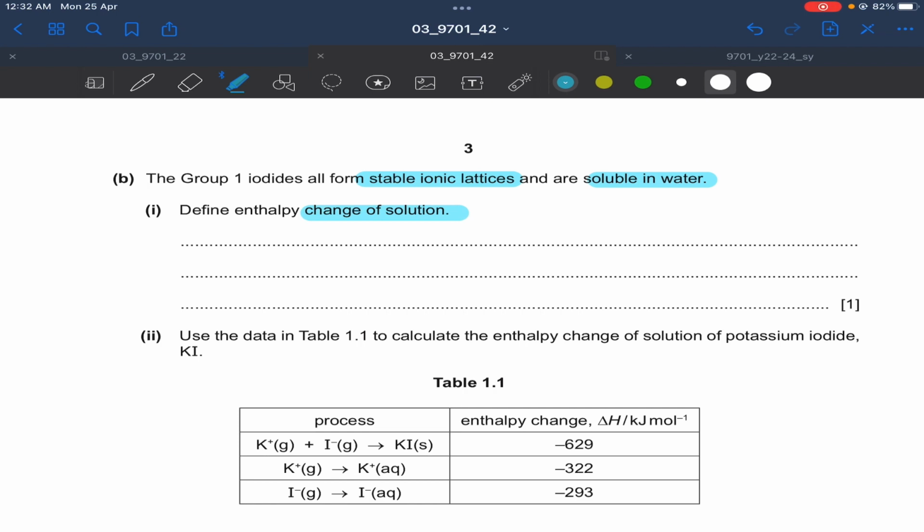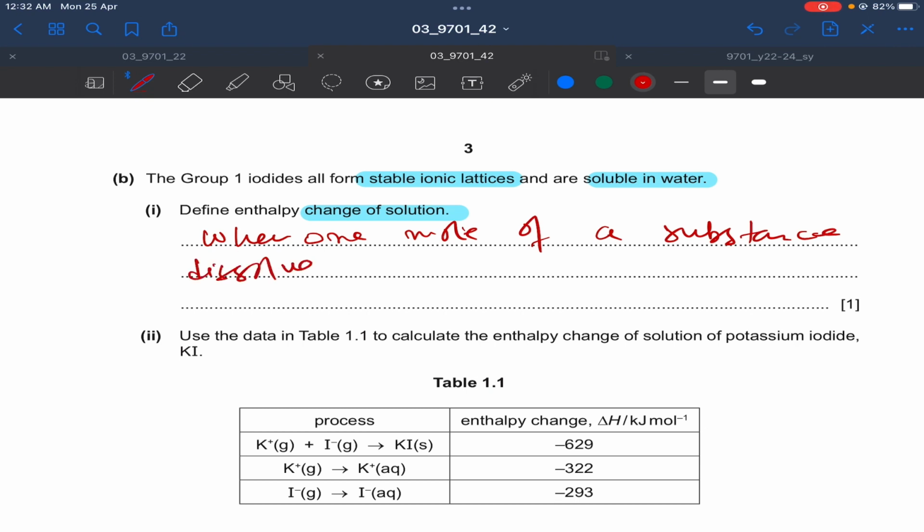It is the enthalpy change when 1 mole of an ionic substance dissolves in water to give a solution of infinite dilution.